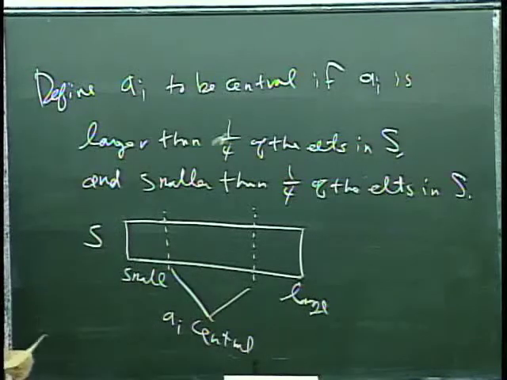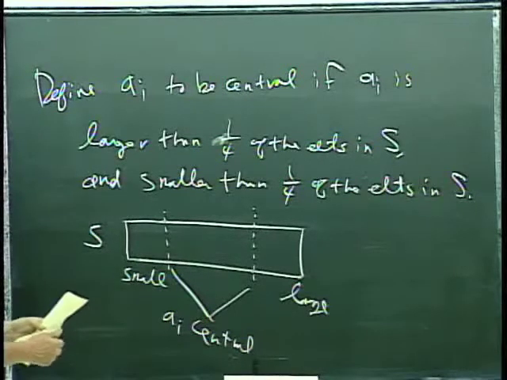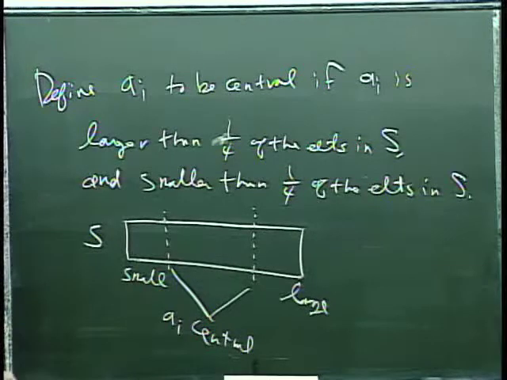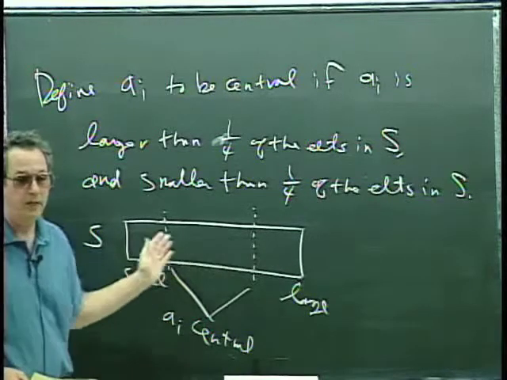Now I can ask: what's the probability that AI is central? It's 50%, or half, because this is half the range.